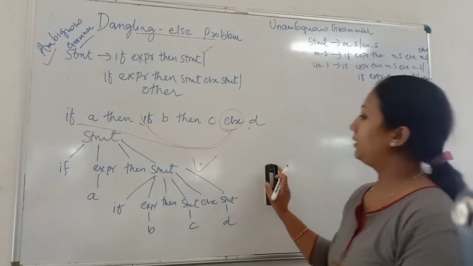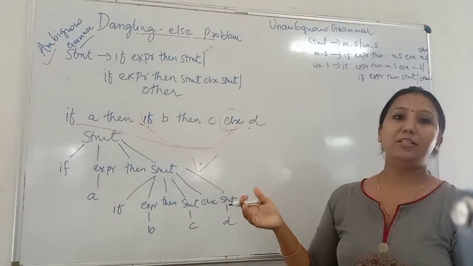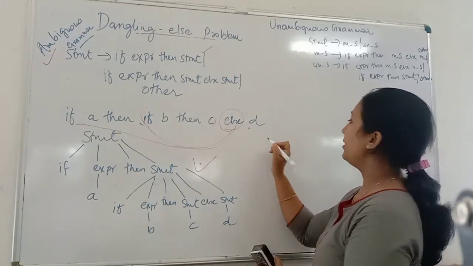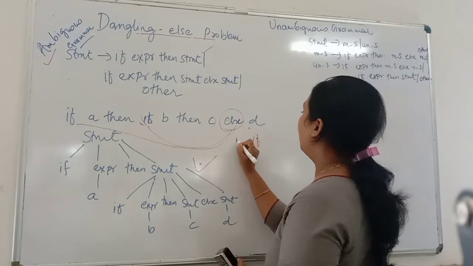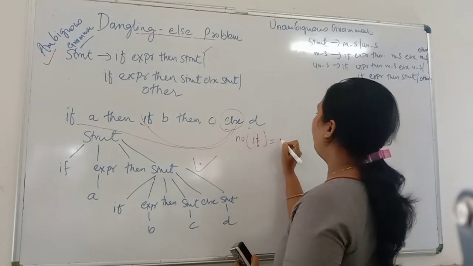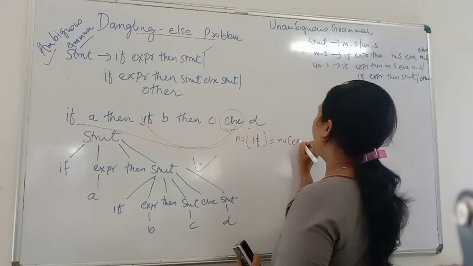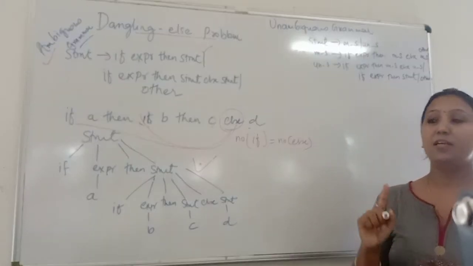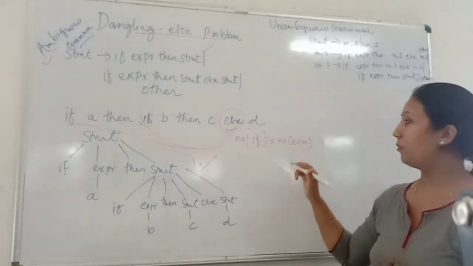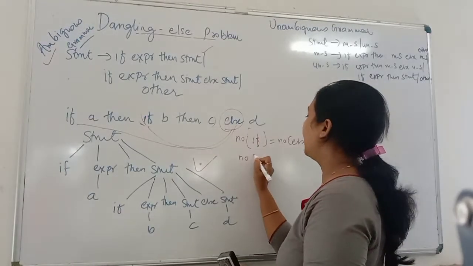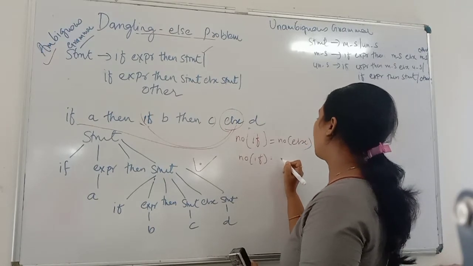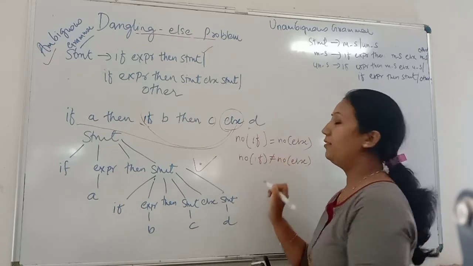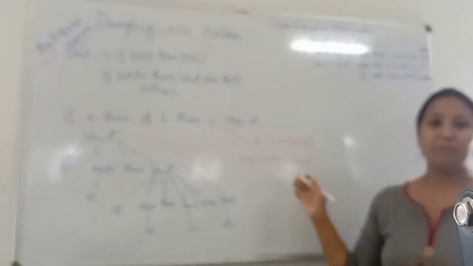We know that whenever we consider any if statement, there are two possibilities. The first is where the number of ifs is equal to the number of elses. The second is where the number of ifs is not equal to the number of elses, such as a simple if or a nested if else statement.